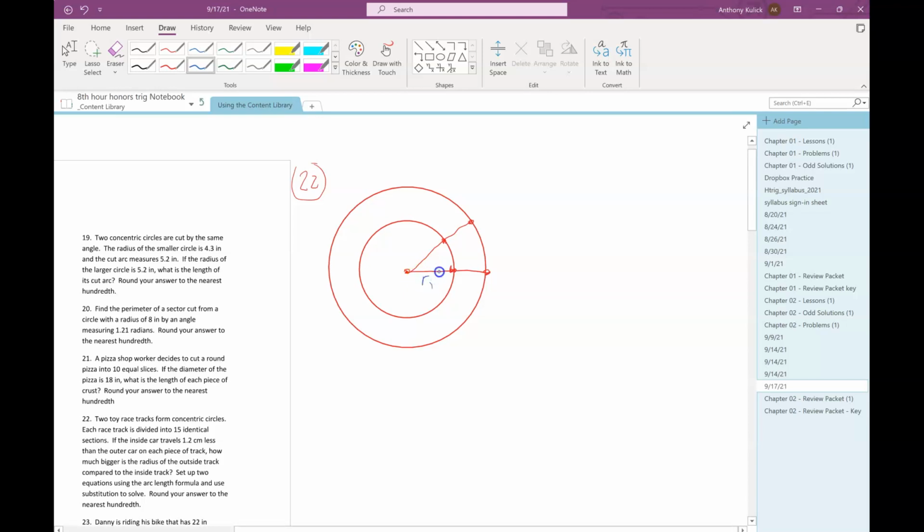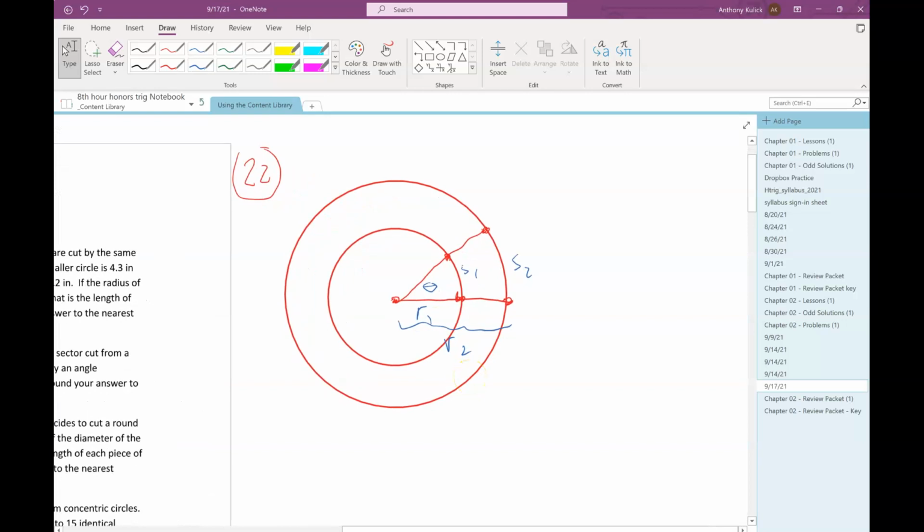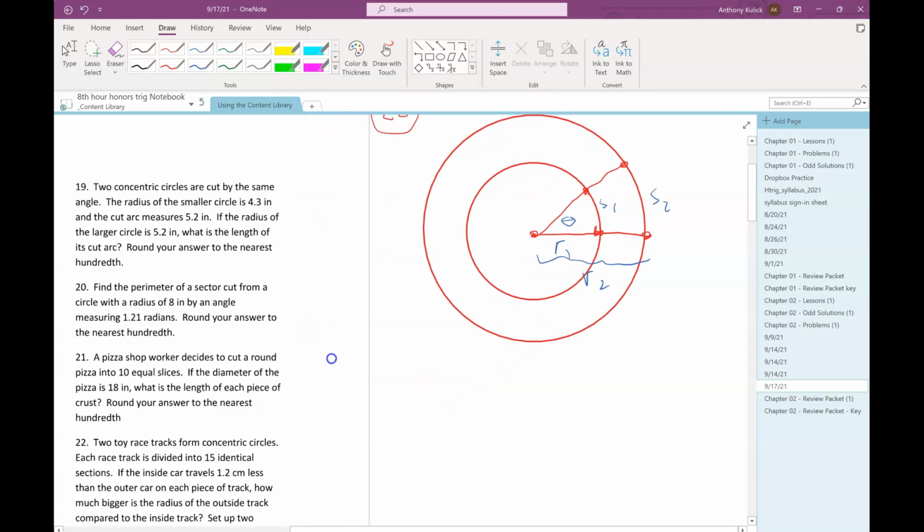I have an R1 for the radius of that inner circle, S1 for the arc length there. I have an R2 and an S2 and then a theta. So far so good? Okay. So I'm just drawing the picture of concentric circles and labeling some parts here.